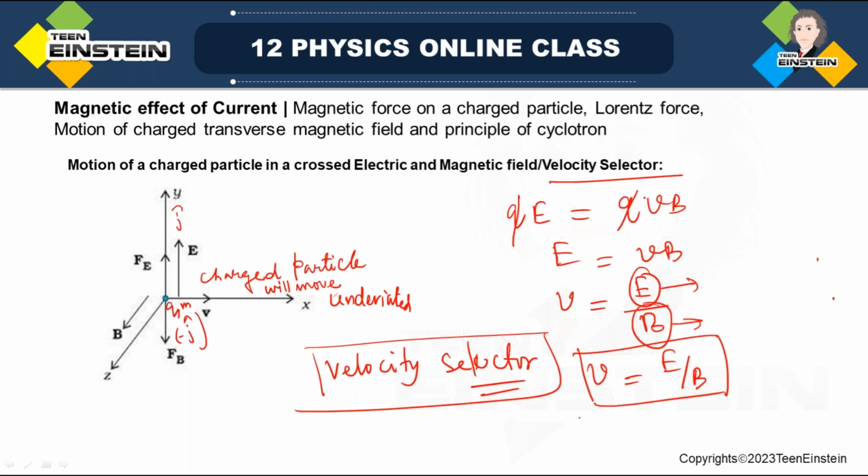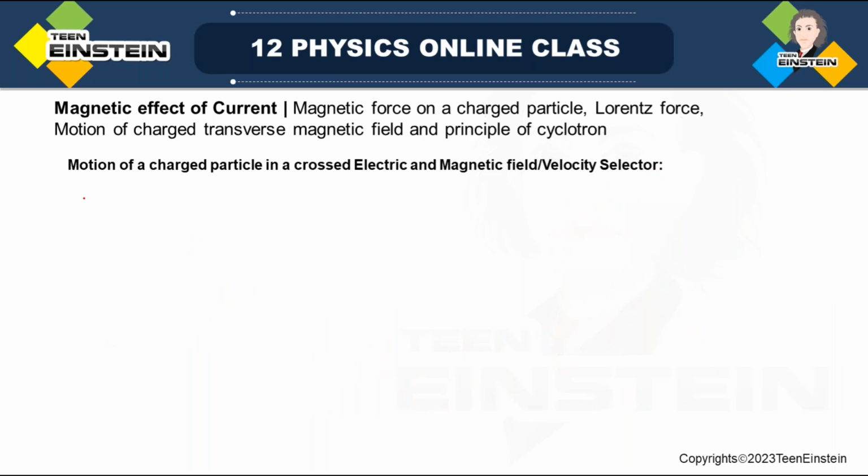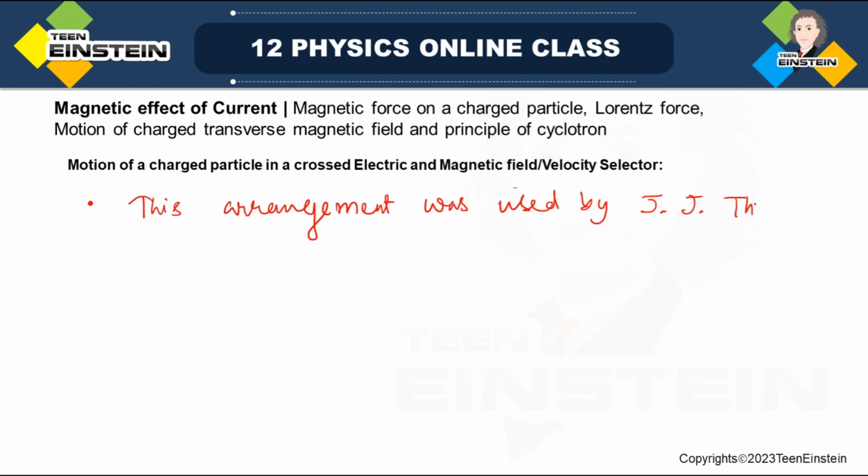Suppose you have a mixture of gases. What are the applications of velocity selectors?